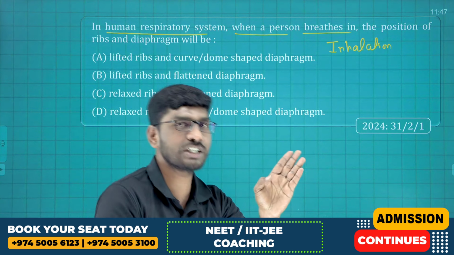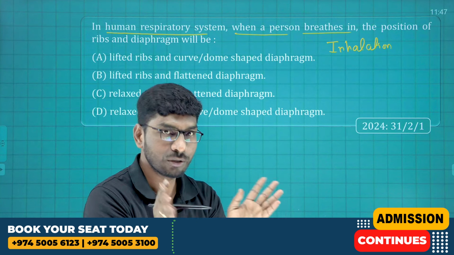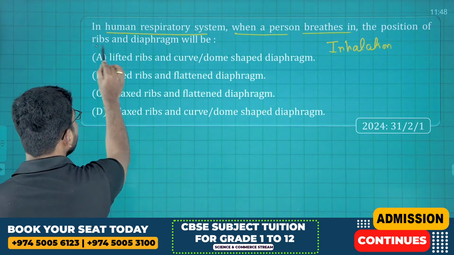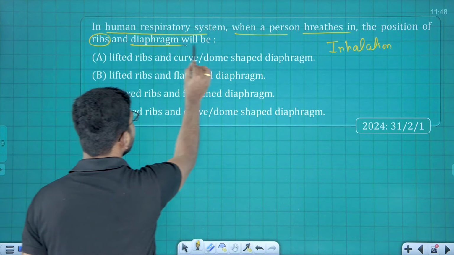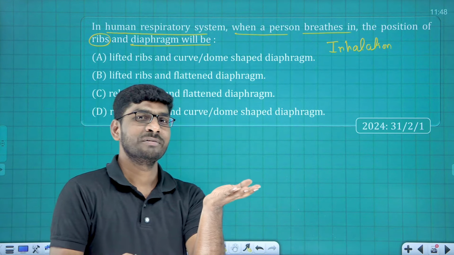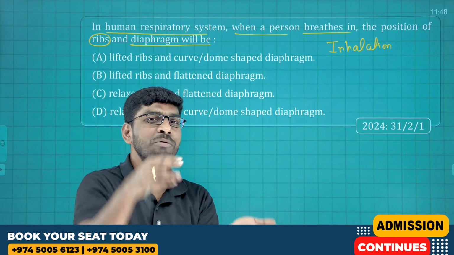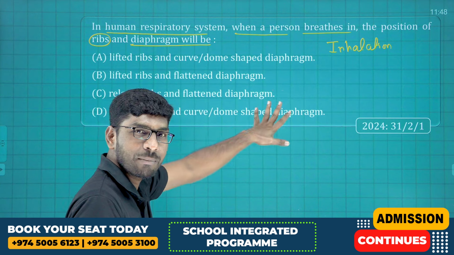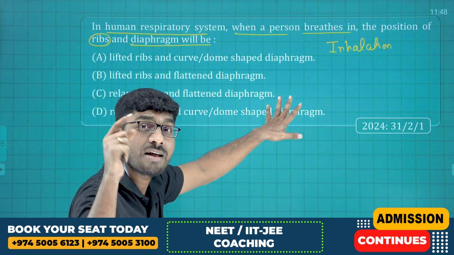One is called inhalation, one is called exhalation. Now they are asking about the position of the ribs and the diaphragm. Which one lifts up, which one flattens? This is a direct NCERT line. After my explanation, I will show you the NCERT line also.